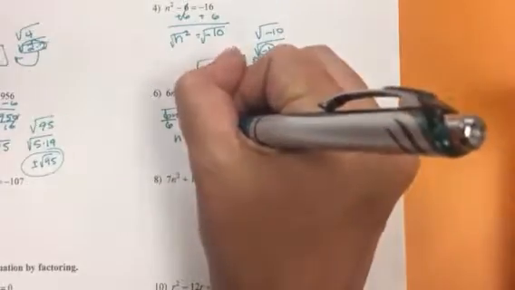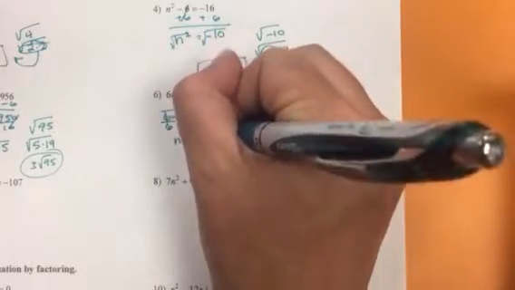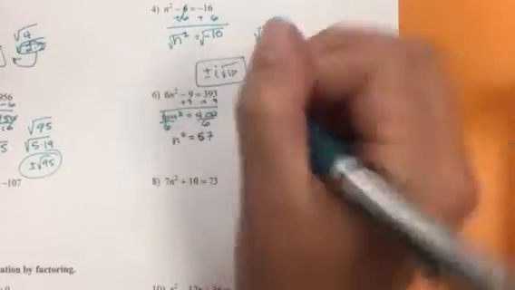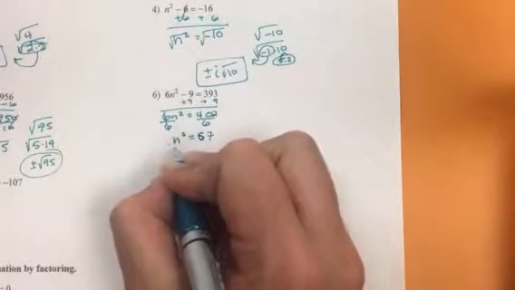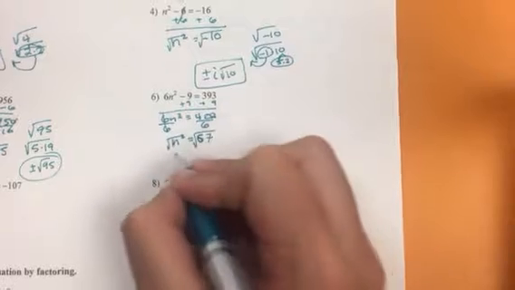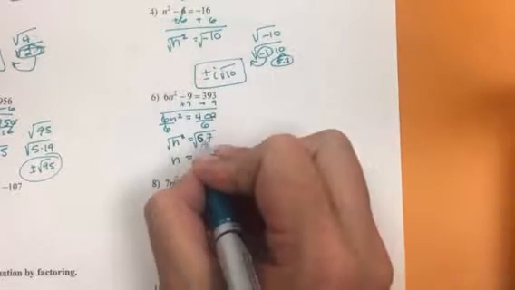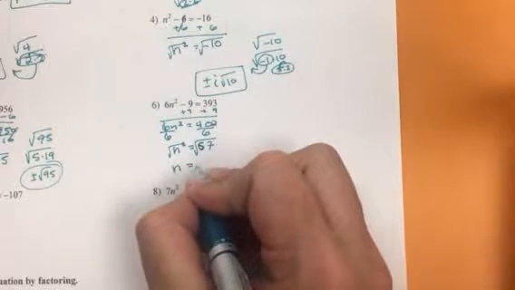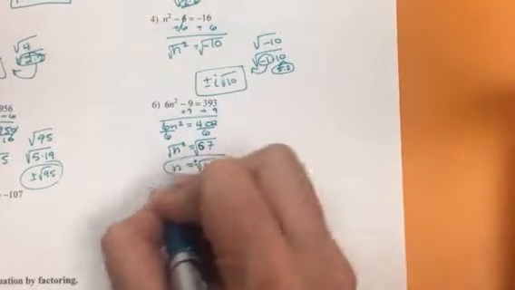My bad, 6 times 36. Alright, square root it. N is equal to, can't break that down, so we leave it as plus or minus root 67.